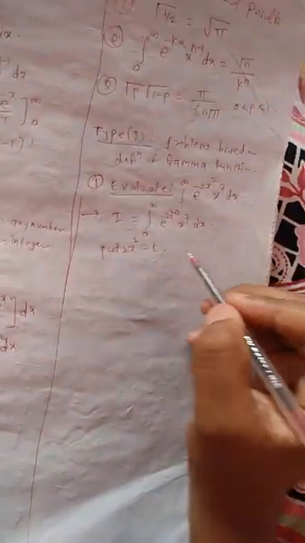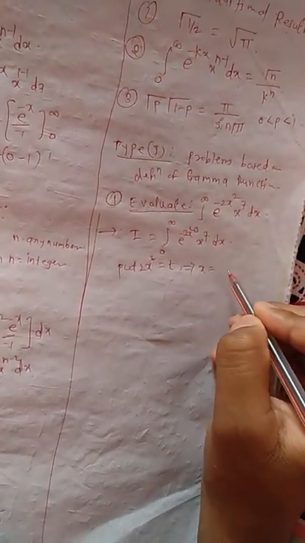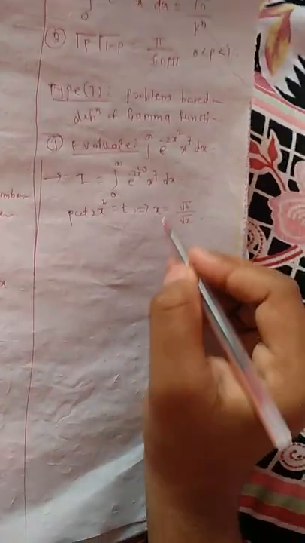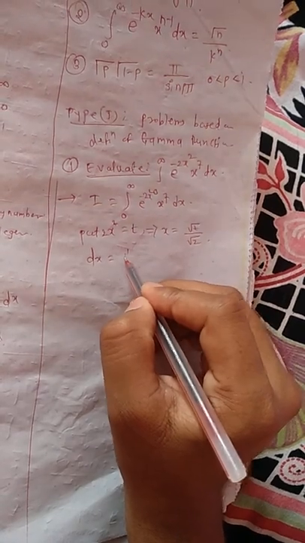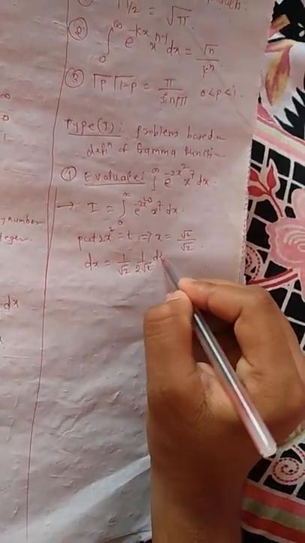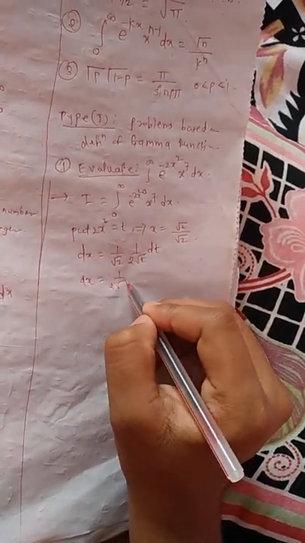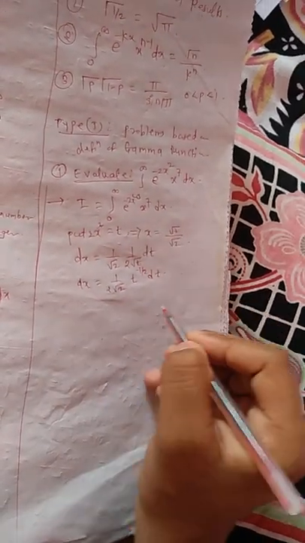From this we can write the value of x as root t upon root 2, and differentiating both the sides we write dx is equal to 1 upon 2 root 2 t raised to minus 1 by 2 dt.